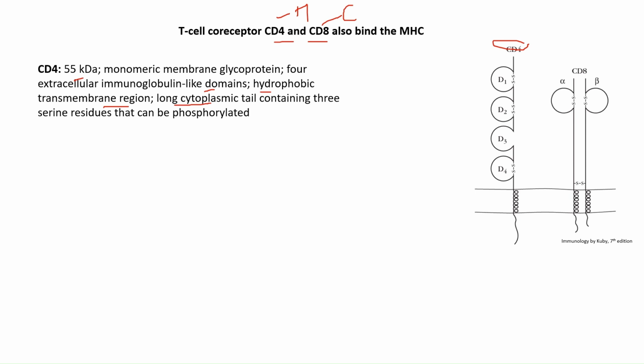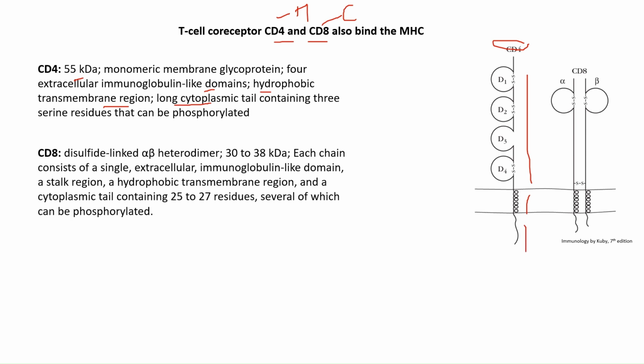This is extracellular, this is the transmembrane segment, and this one is the cytoplasmic segment. Now if you see CD8, it is quite different from CD4. It consists of a heterodimer of alpha and beta. This is the extracellular part, this is the transmembrane part, this is the cytoplasmic region.